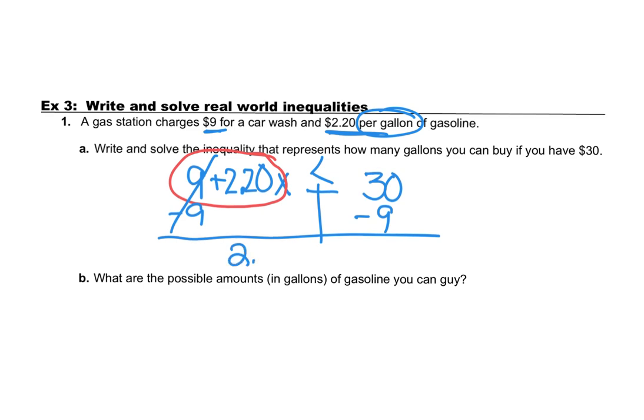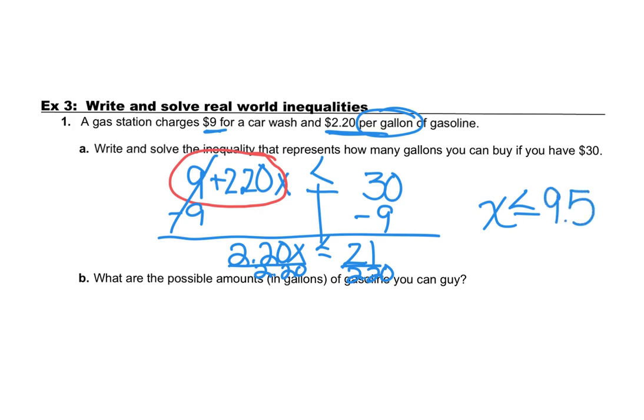So we have 2.20x is less than or equal to 21, and we'll divide by the $2.20. And so when you solve it, then we'll have x is less than or equal to 9 point, I'm just going to round it. I'm going to say 9.5.